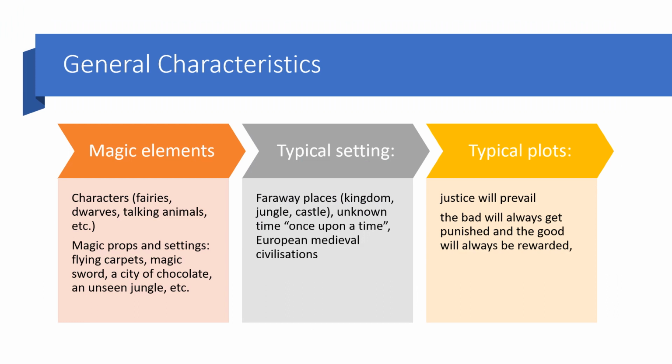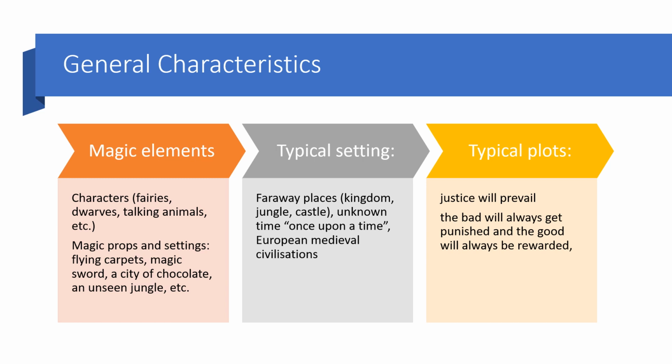So now, let's talk about the general characteristics of a fairy tale. At least, fairy tales can be distinguished by three main things. First, most fairy tales contain magic elements. These magic elements may be in the form of magic characters such as fairies, dwarves, talking animals, mermaids.